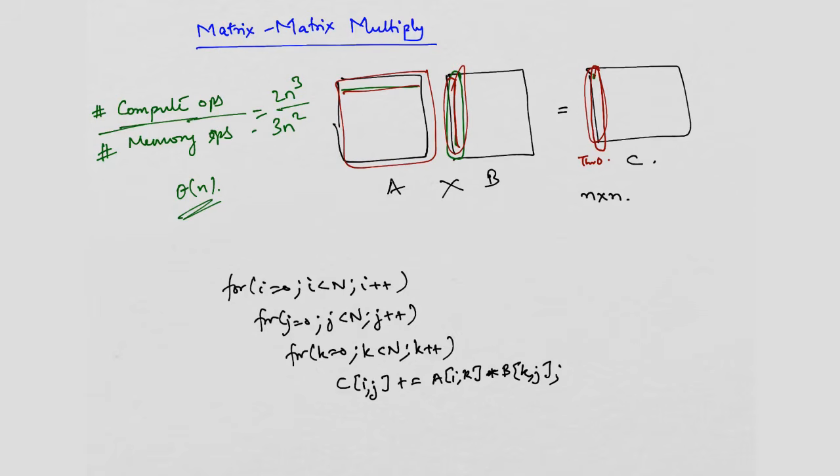I'm assuming I've initialized C outside, right? Now if I simply add a #pragma omp parallel for here, how is it going to distribute?